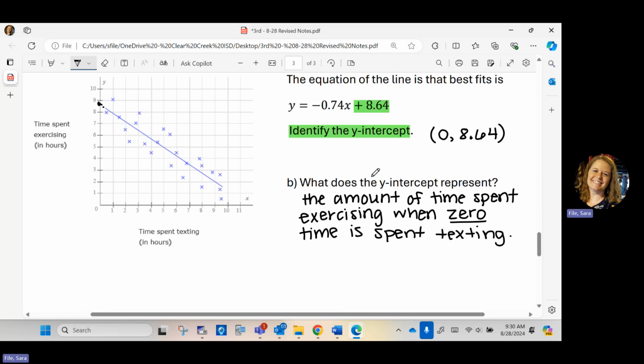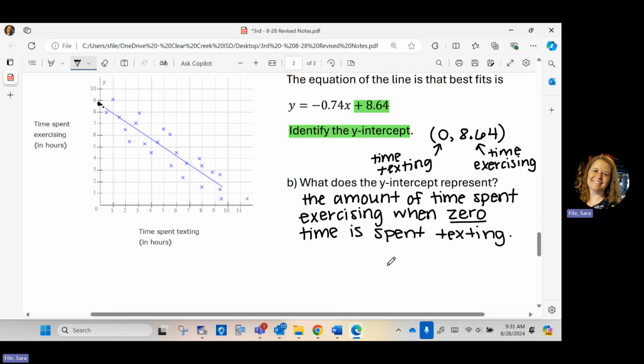Y'all follow that? Because it's an ordered pair. If your y-intercept is when x is 0, so x is time texting and y is time exercising. So that's what it would interpret in this scenario.